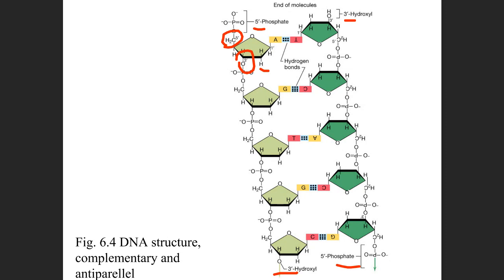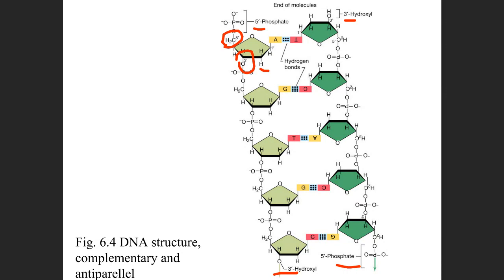So here's the very important rule you need to write down, or that will help you in the future: whenever DNA or RNA form a double strand, either DNA-DNA, RNA-RNA, or DNA-RNA, it's always anti-parallel.